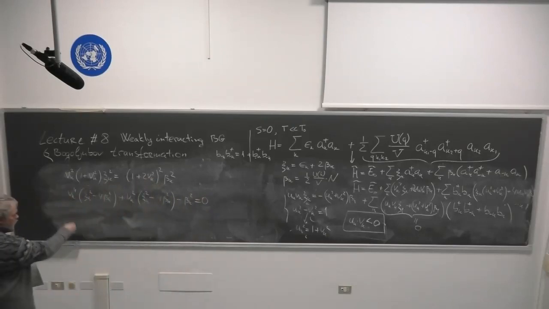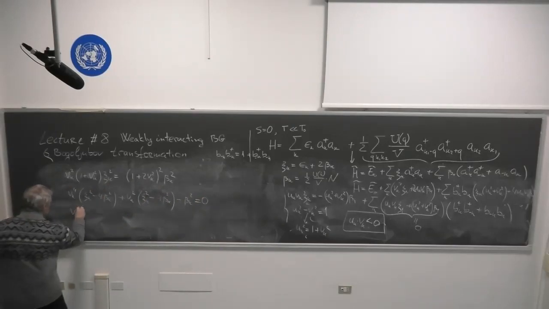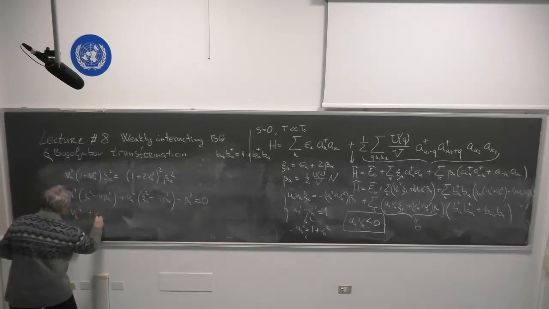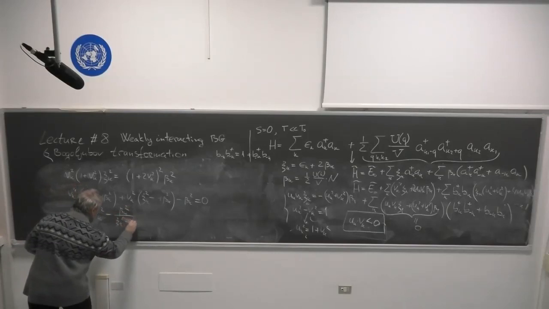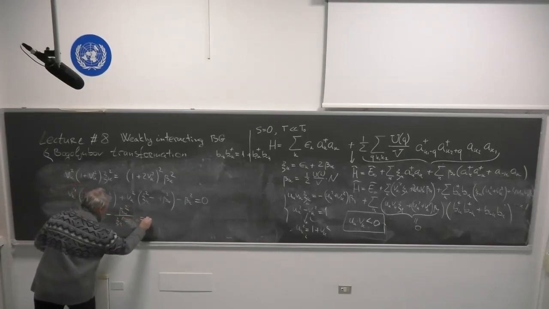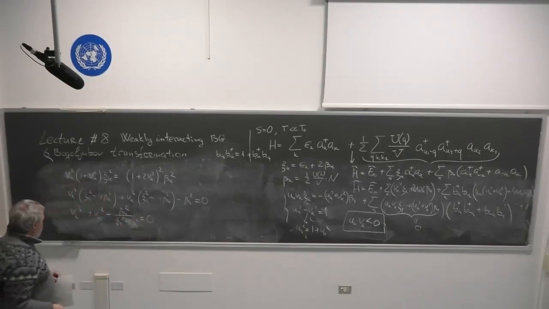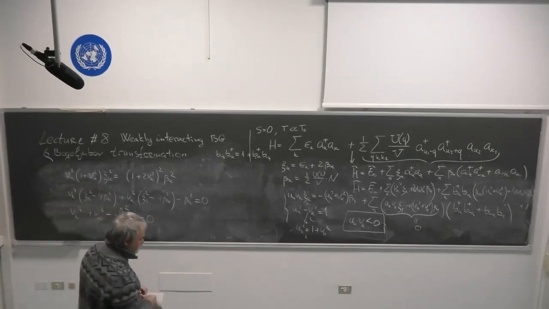If I divide the whole equation by this product, I get vk to the 4 plus vk square minus beta k square divided by psi k square minus 4 beta k square is equal to 0. This is a biquadratic equation.